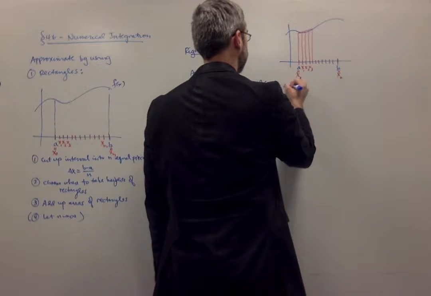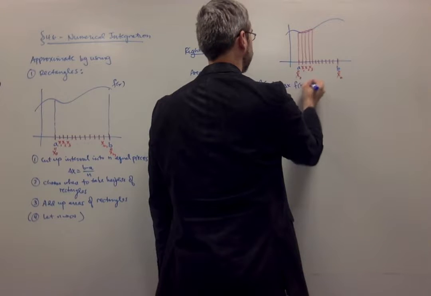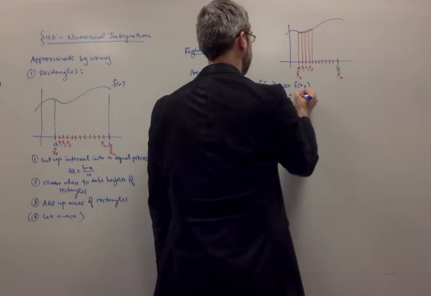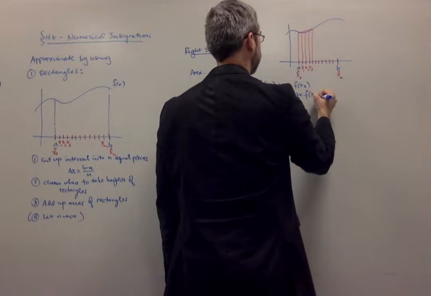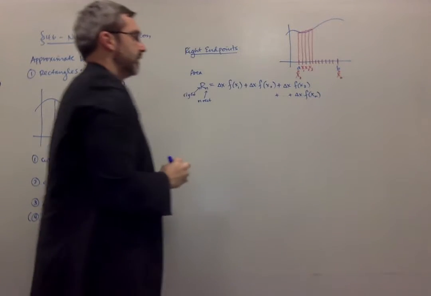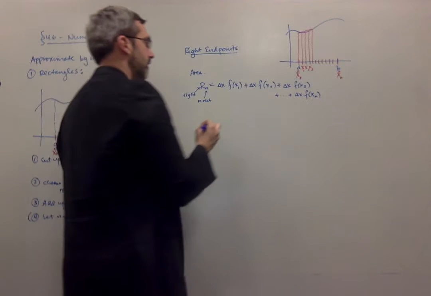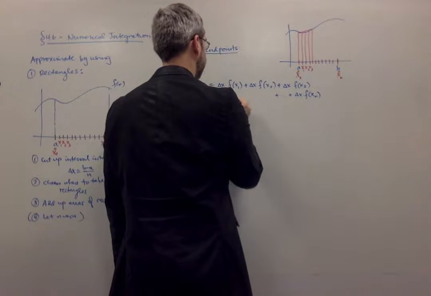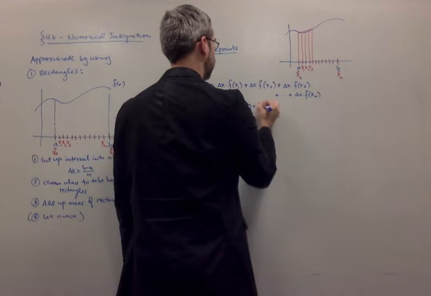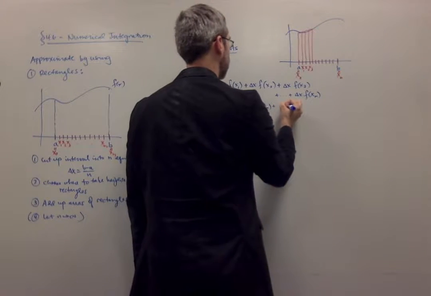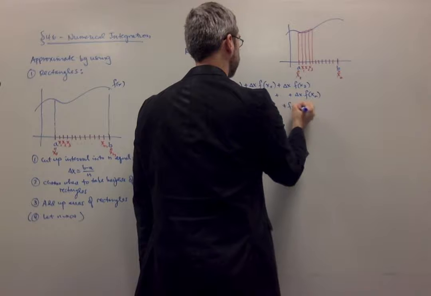Okay. The next one's going to be delta x, and then I'm plugging in x3. And then the last one's going to be delta x, and what I get when I plug in x sub n. Okay. So in other words, if I pull a delta x out, it's going to be f of x1 plus f of x2, all the way up to f of x sub n.